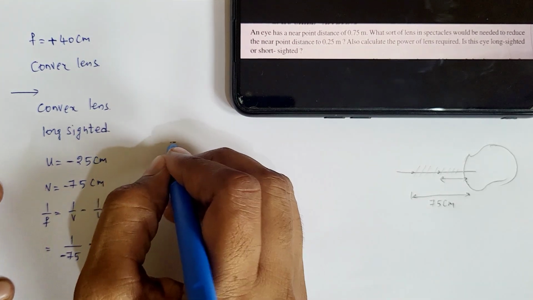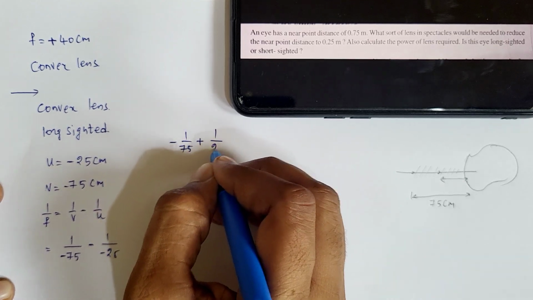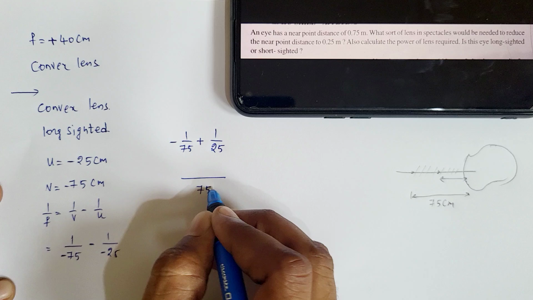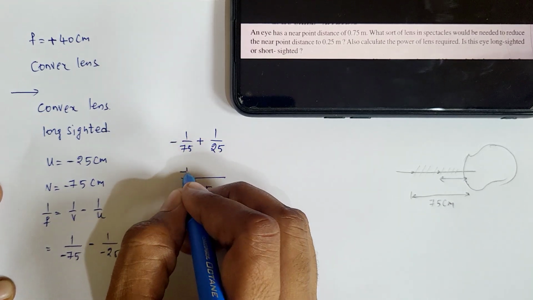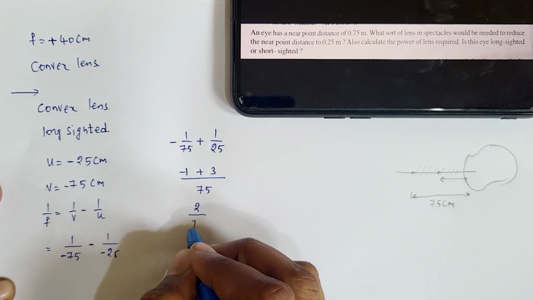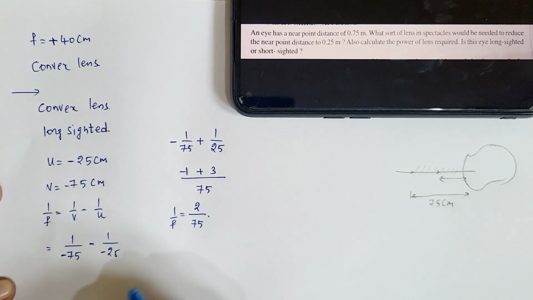Now solve it. Minus 1 by 75 plus 1 by 25. So 25 and 75, LCM will be 75. 25 3s are 75. 3 minus 1, 2 divided by 75. 1 by f is equal to 2 divided by 75.